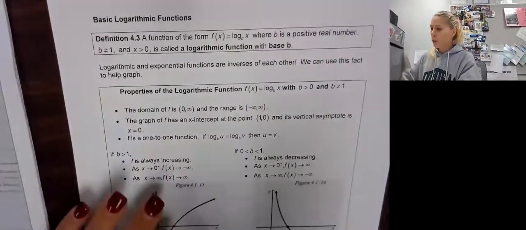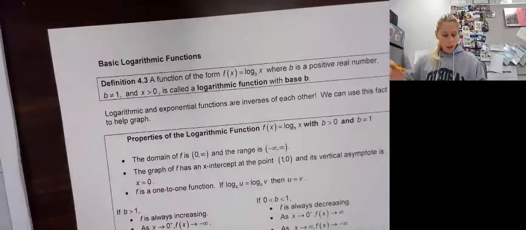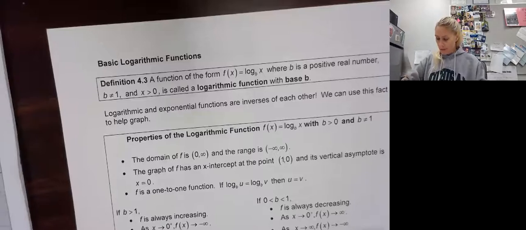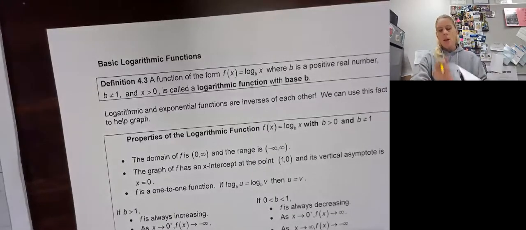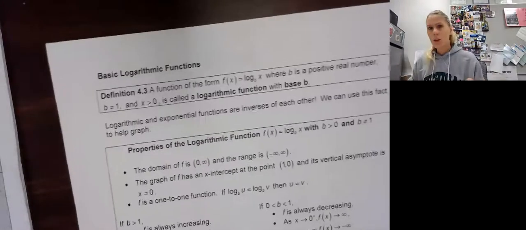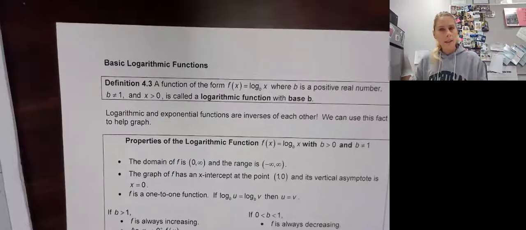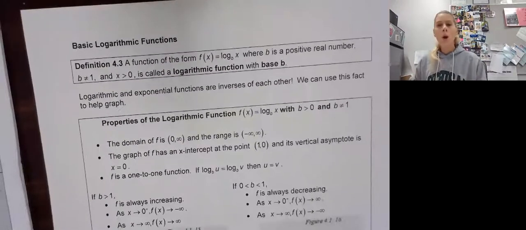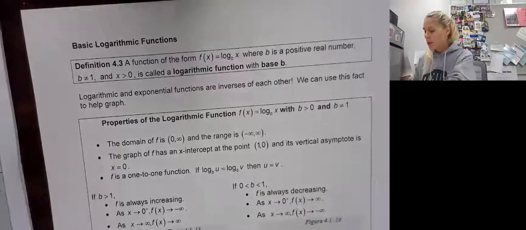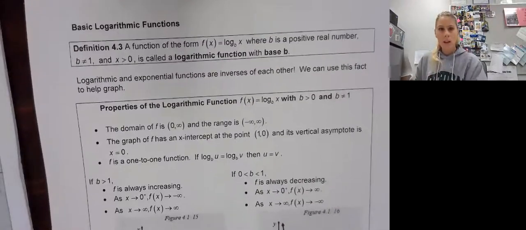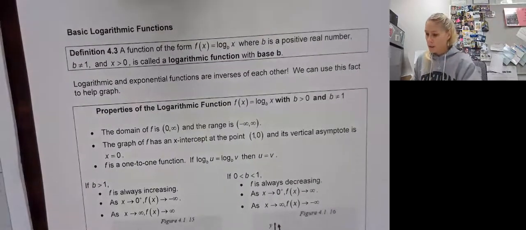All right, before we get into more solving, we're going to do some graphing here. I think we're going to do more solving next in 4.2. So just basic solving there with converting, and now we're going to look at the logarithm graphs, okay?